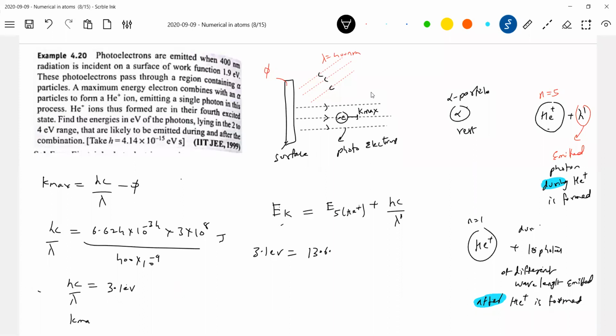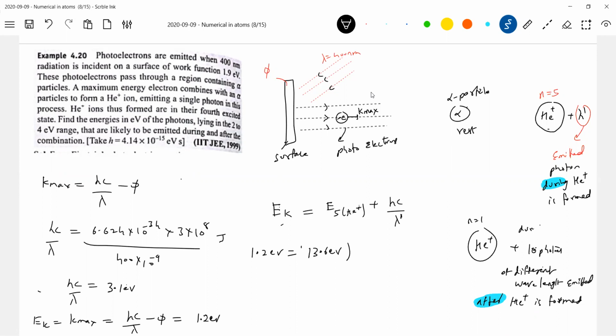Kmax or EK is equal to hc by lambda minus work function. So some corrections I made. This one, 13.6 electron volt. Now, negative or positive?